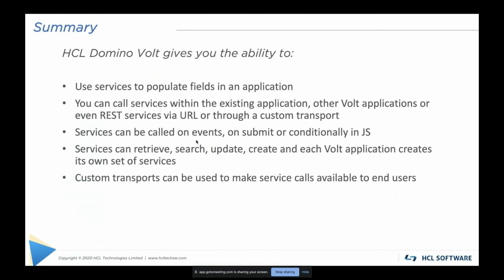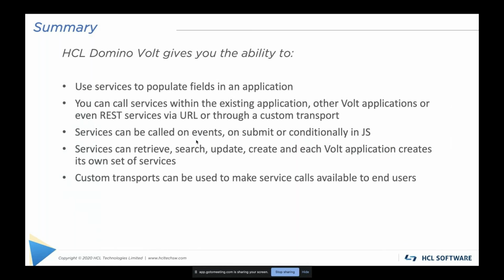So to kind of wrap up here, obviously you can use services to populate fields. We talked about populating a drop-down list. We talked about populating individual fields based on selections, so go retrieve a specific record and return that and populate your form. You can use services within the existing application, like when I looked up the departments, that was within the same application.